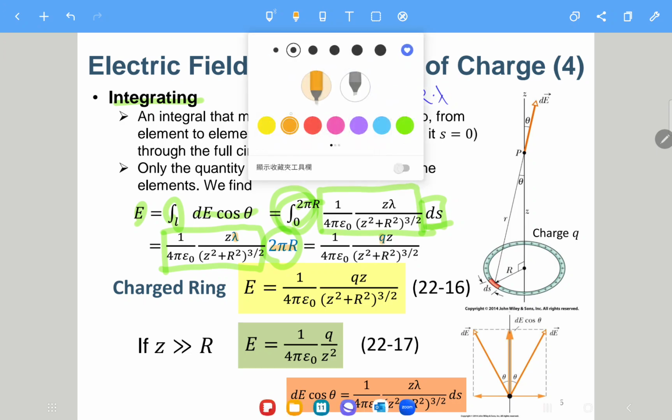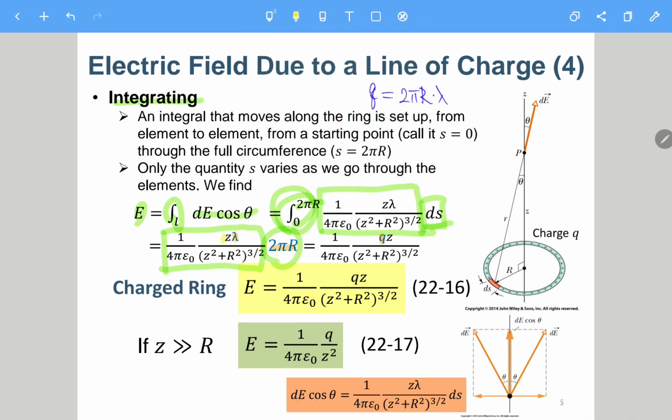And then for the other terms, we have a z here, and then 1 over 4 pi epsilon naught here, and finally this term here. So this is the final expression for the charge ring.